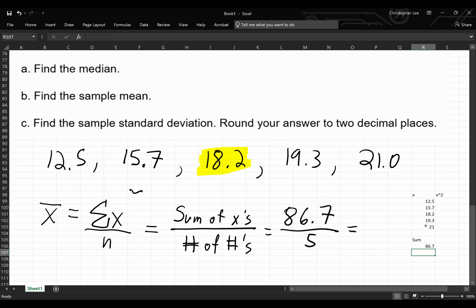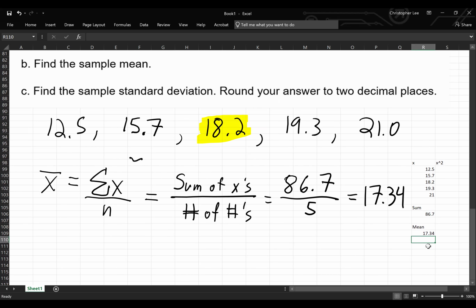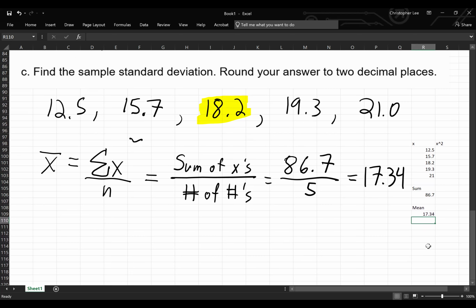But I got stuck at the sample standard deviation, I couldn't do that one. The formula sheet gives you the formula, but it doesn't really break it down, so that's why I keep failing the test.